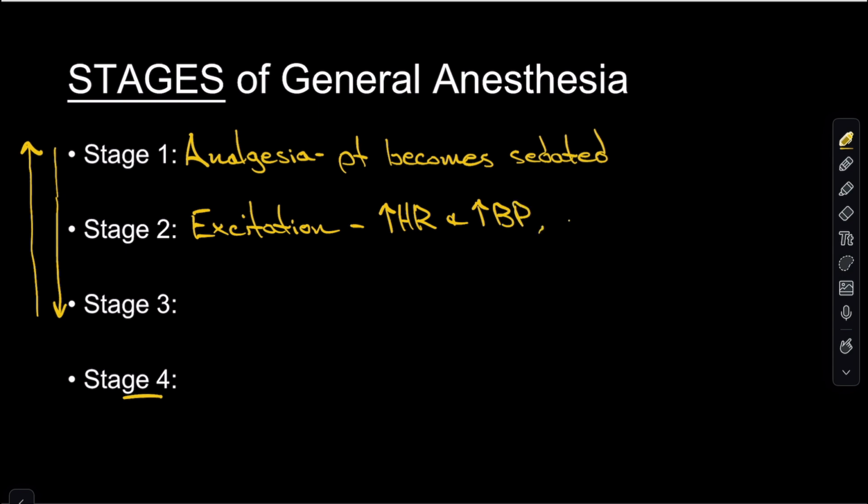The patient can become combative and move like they're awake, but they're actually deep asleep. So that's the dangerous part of it. They're also at increased risk for aspiration and laryngospasm.